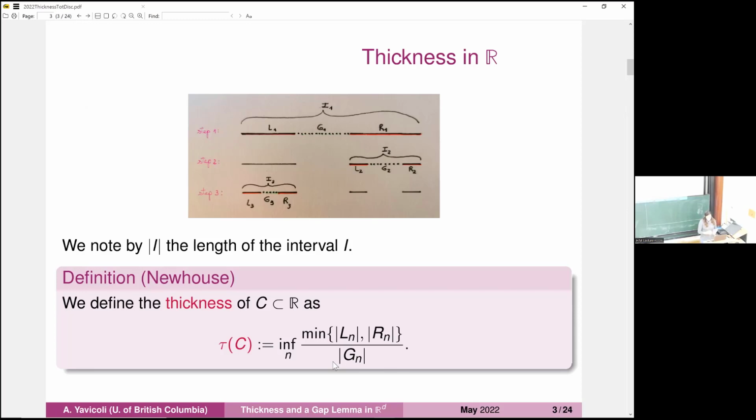And intuitively, when this notion of thickness is large, it means that all these quotients are large, and so all the proportions are large. It means that the set is large everywhere and at every scale.